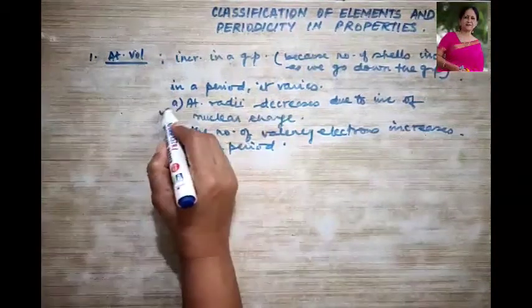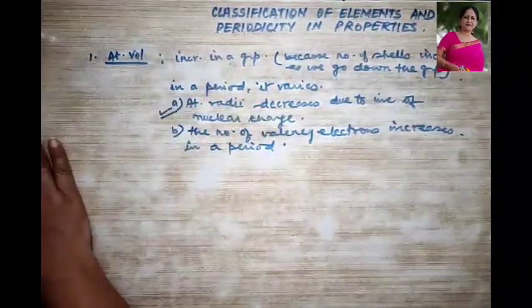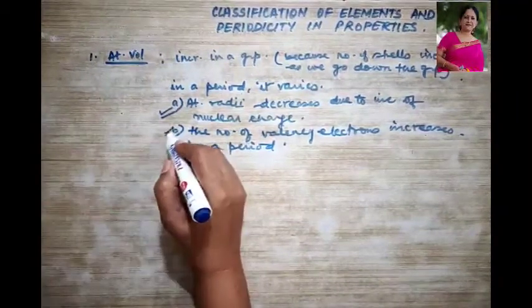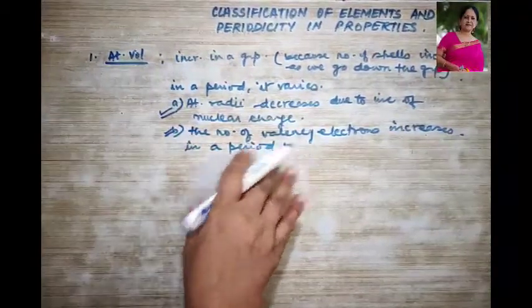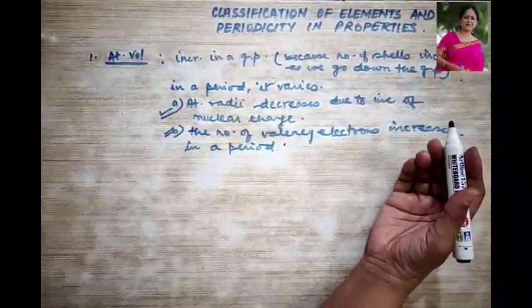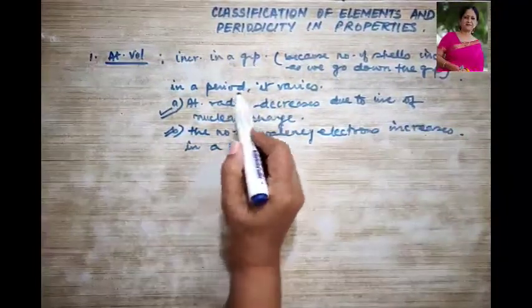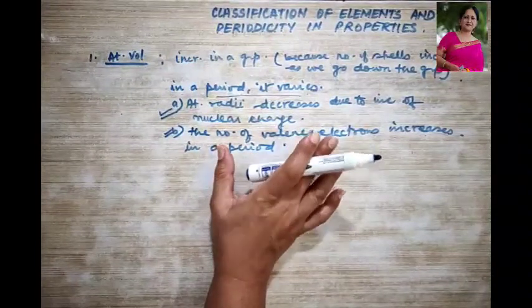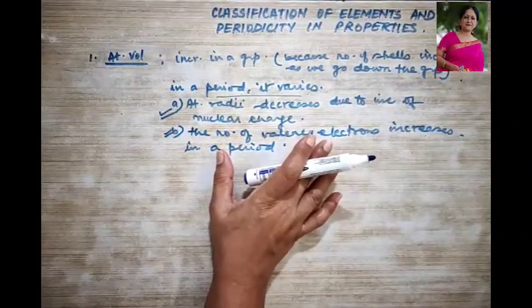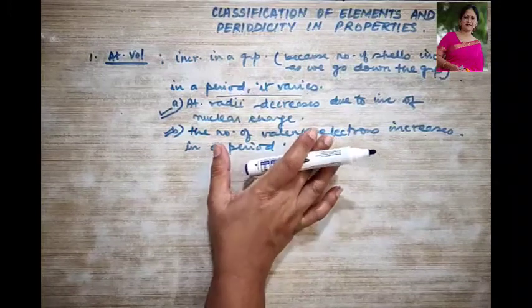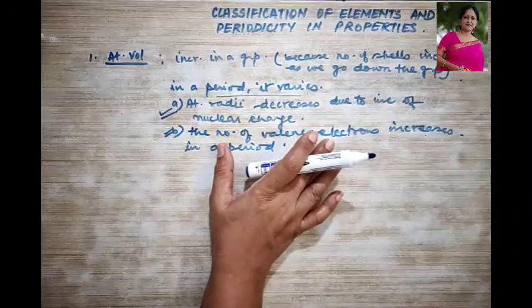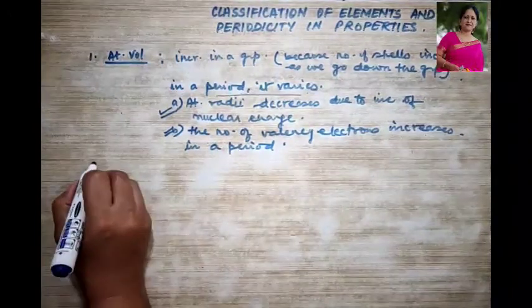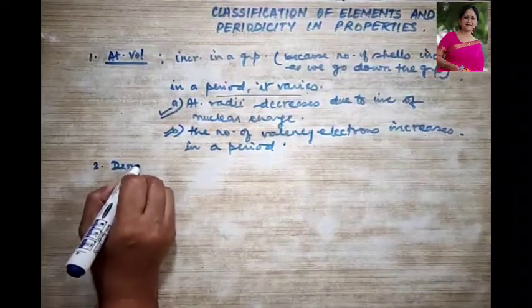Okay, so the first is more important on the left side of the period and the second one is more highlighted in the right side of the period. Okay, and therefore we see the variation in the period. Fine. So this was all about your atomic volume.